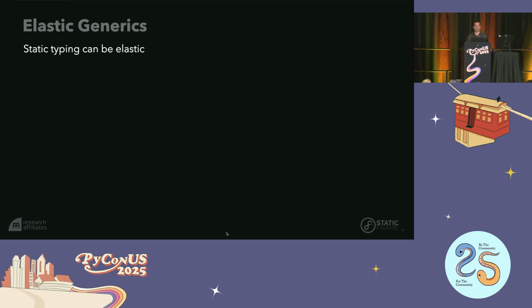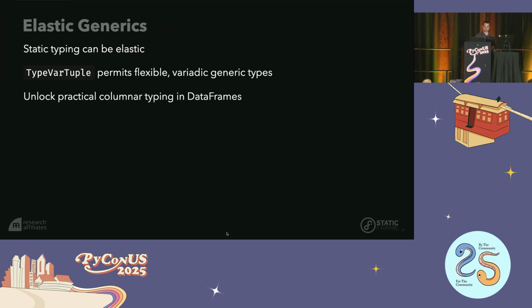It offers us a new opportunity to describe generics in a very flexible way that I think accommodates many real-world situations, real-world data representations that we have to deal with. So again, it's TypeVarTuple that gives us that flexibility and offers some really great new opportunities.